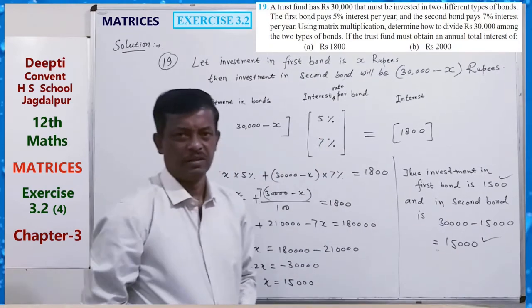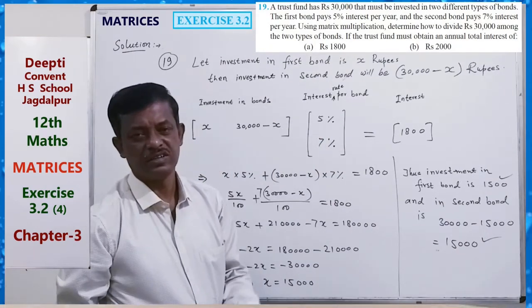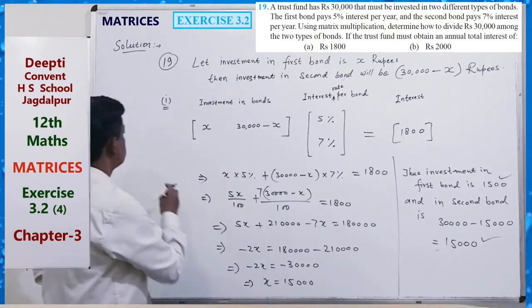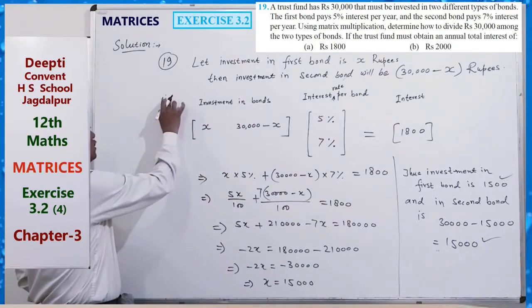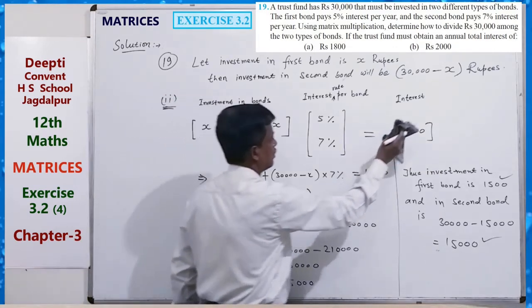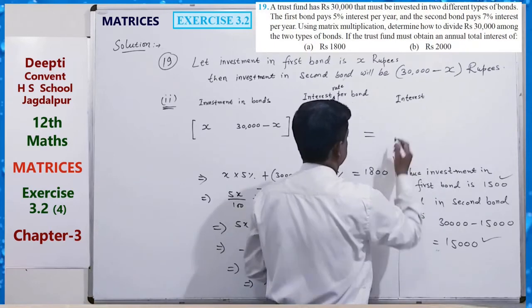Similarly, in the case of interest 2000, we use 2000 for the second case.